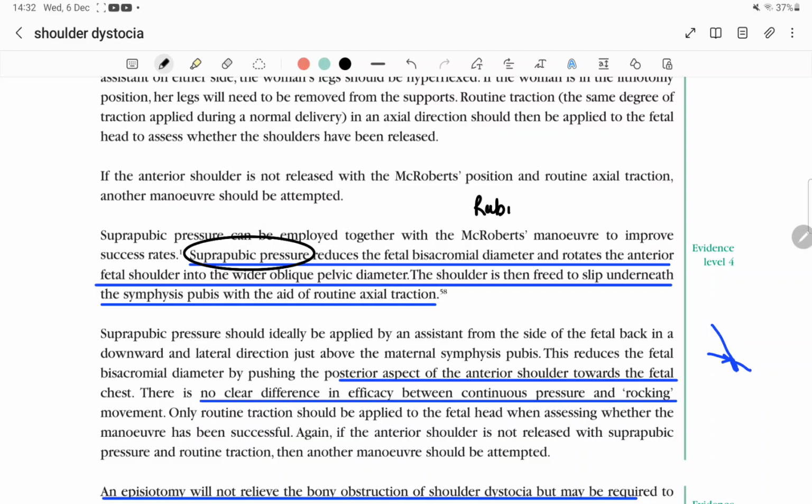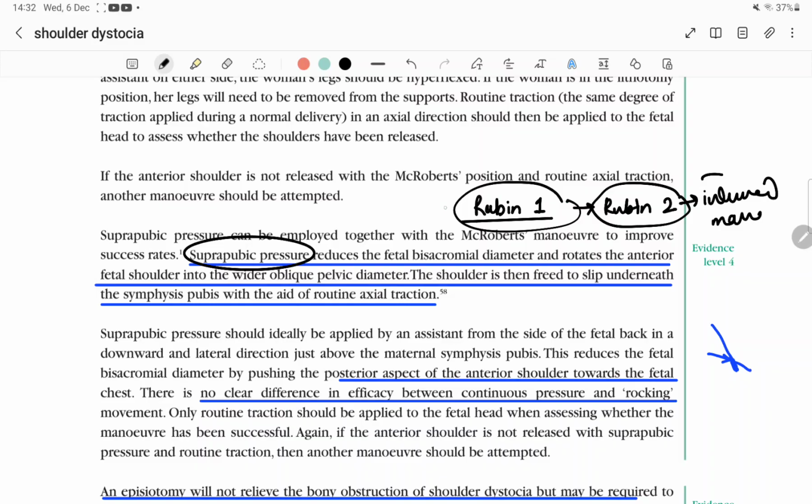This suprapubic pressure is also called Rubin 1. It is just like Rubin 2, but Rubin 2 is an internal maneuver that we perform within the vagina. Rubin 1 is when we apply pressure on the posterior aspect of the anterior shoulder from above the maternal abdomen, the upper shoulder of the baby.